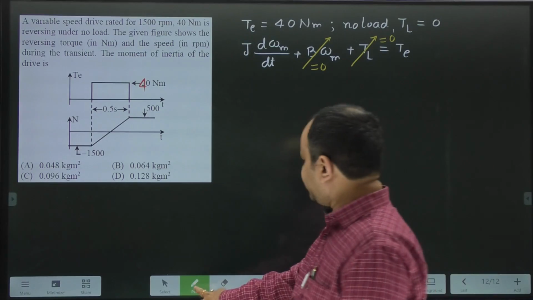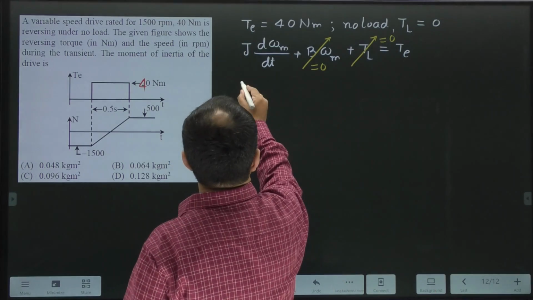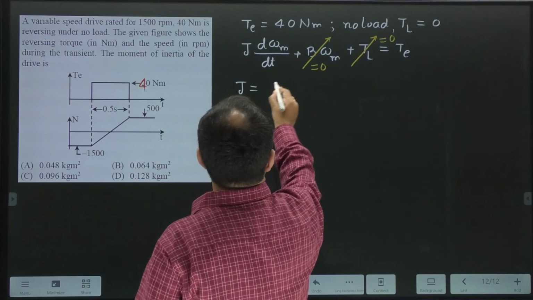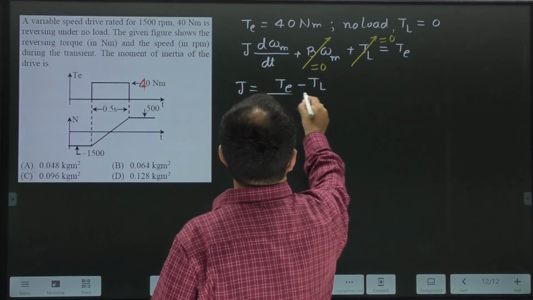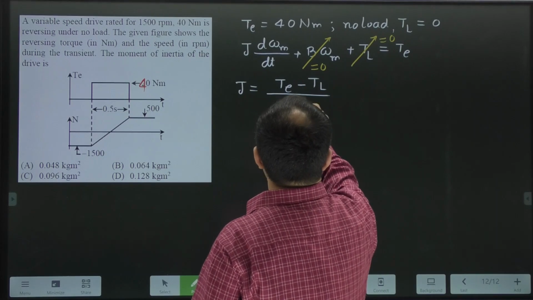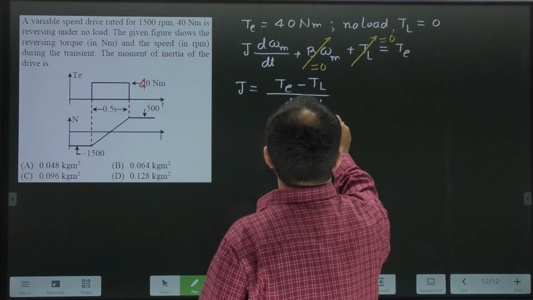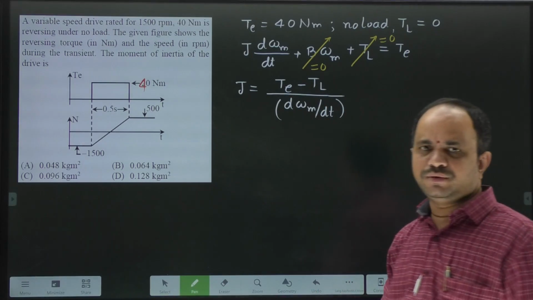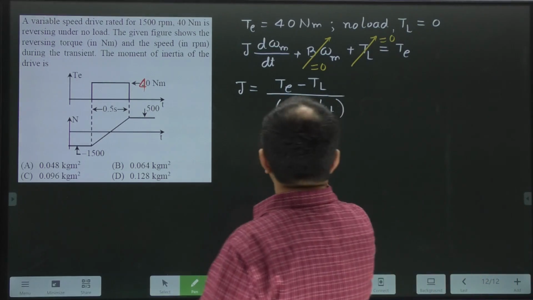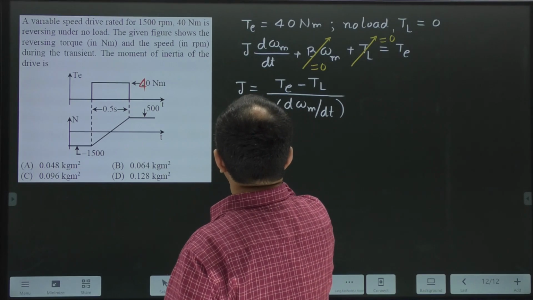So what is the moment of inertia formula from this? J is equal to TE minus TL divided by d omega m by dt. Anyhow TL is 0.